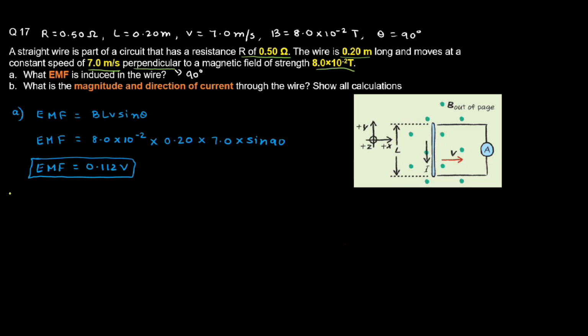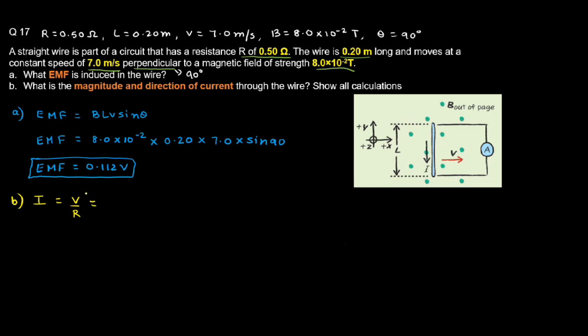Part B of the question wants me to find what is the induced current, what is the magnitude and direction of the current. Magnitude of the current can be calculated by using the basic rule of current, which is potential difference over R. My potential difference induced in the wire right now is the EMF.